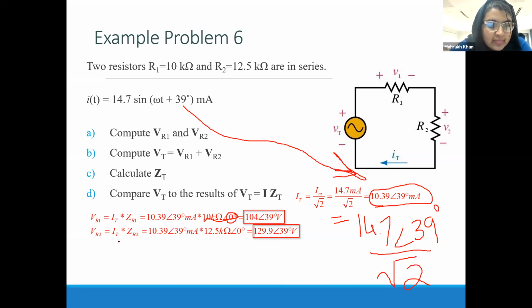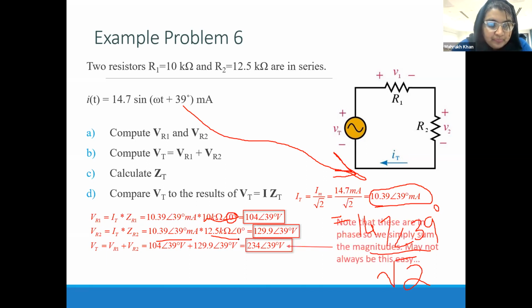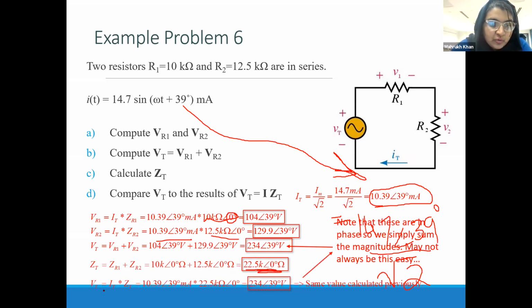Then for VR2, you just multiply the current and the impedances, and for the total voltage they have calculated VR1 plus VR2. The total impedance has a 0 degree angle because it's just the resistors. Similarly, the total voltage is the current and impedance multiplied by each other.